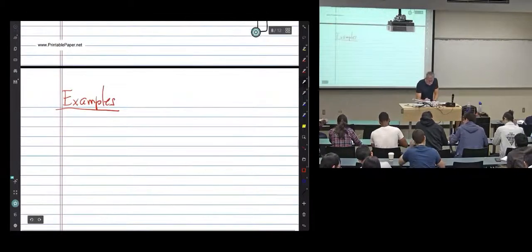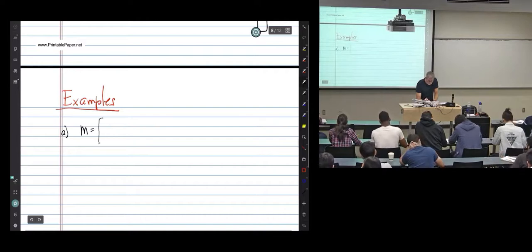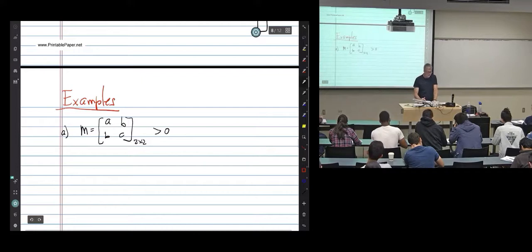Okay, so M equals A, B, B, C, 2 by 2, positive definite.